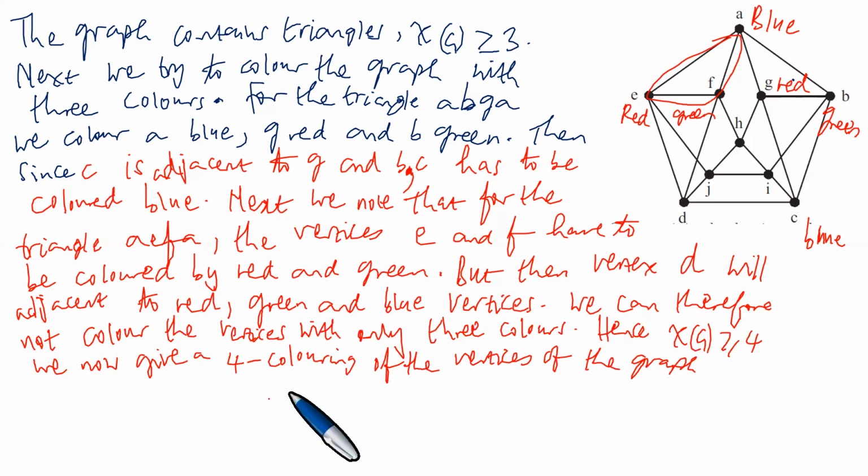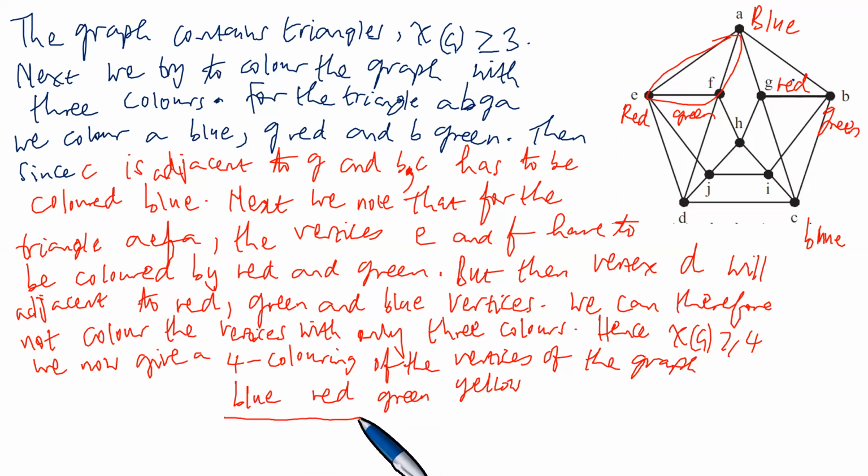So it means you have blue, red, green, yellow. So we need a fourth color, yellow, because the first three are not sufficient. In other words, we're going to make this one yellow.